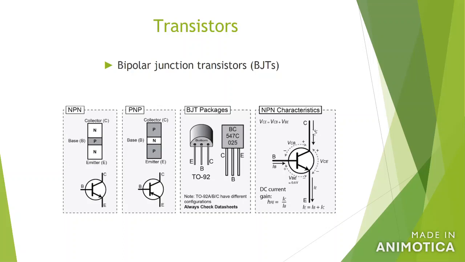So we can use this large current to drive motors, LEDs, or other high current devices. The low current leg, the base leg, can connect to the Raspberry Pi. So the Raspberry Pi only needs to provide a very low current, and then you can drive a high current device, right? That's the beauty of the transistor.